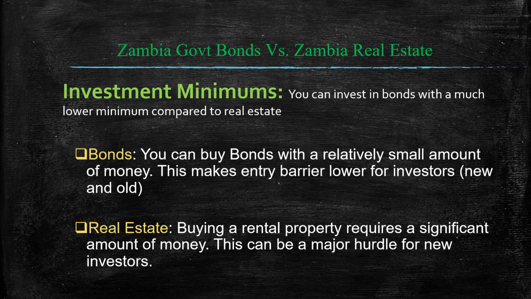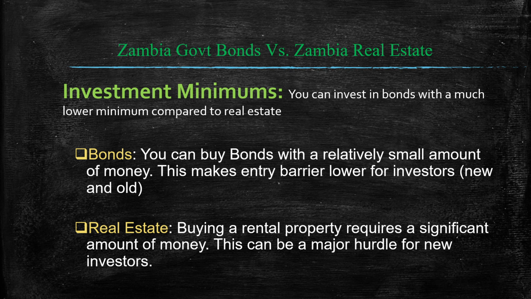For government bonds, you can buy bonds with a relatively small amount of money, meaning that the entry barrier for government bonds is much lower than for real estate. And this is true for both new investors and for old investors.